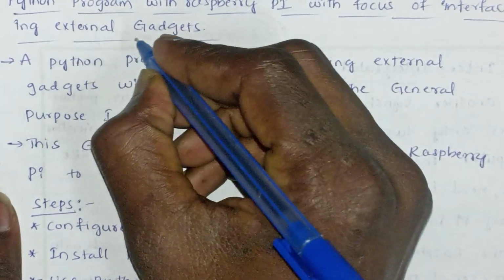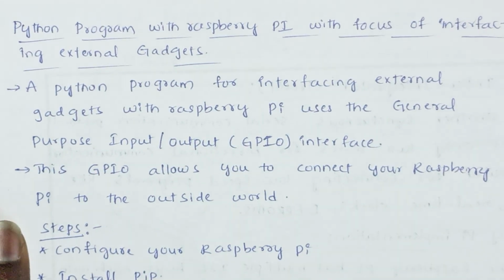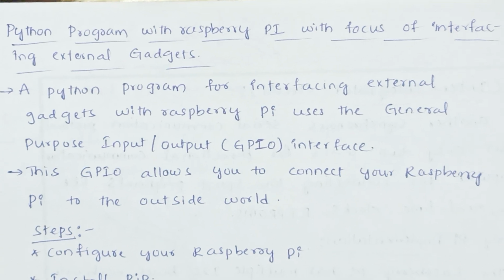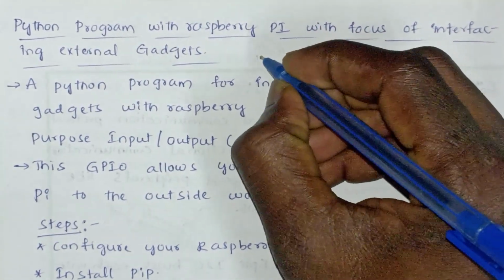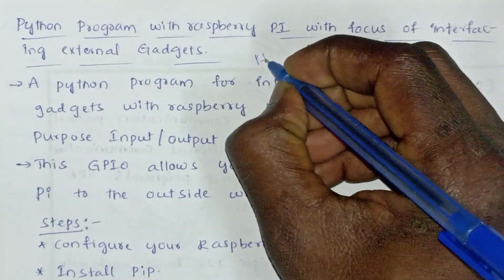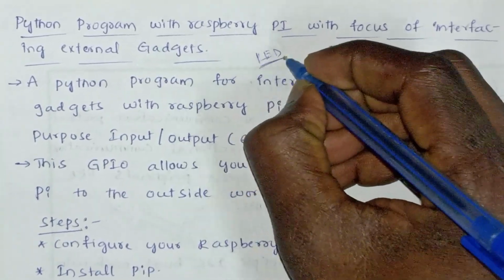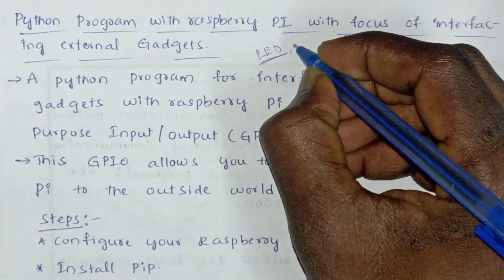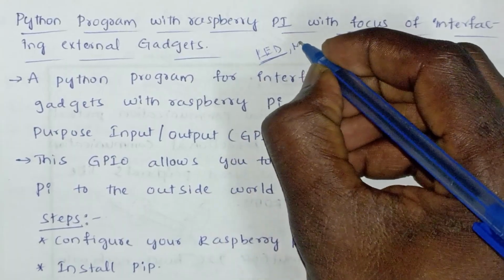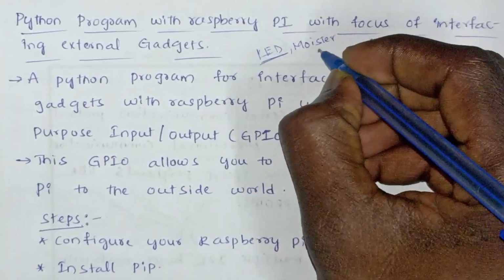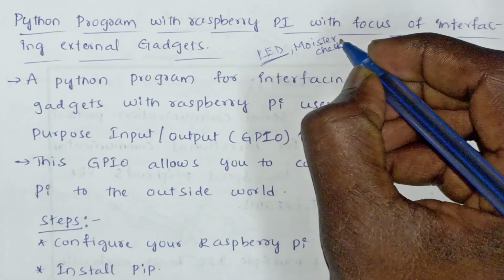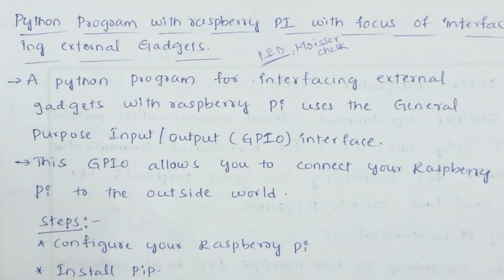See, external gadgets are nothing but physical devices. What are those? LED, resistor on off, these all come under external gadgets. And a moisture test gadget, which checks the moisture of soil and so on.